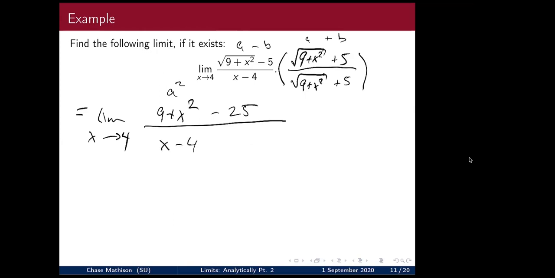In the bottom, we're going to have x minus 4 times the conjugate of the former top. Very good. So this was minus b squared. What does the top become?